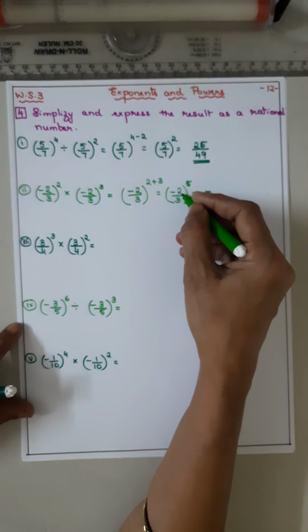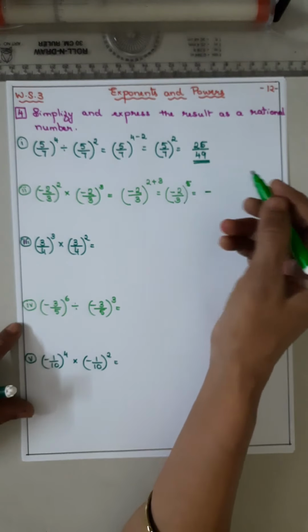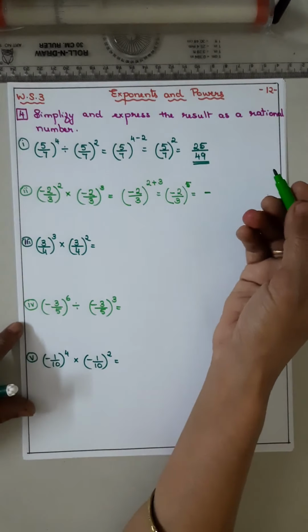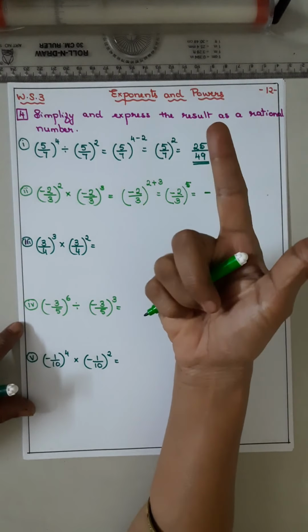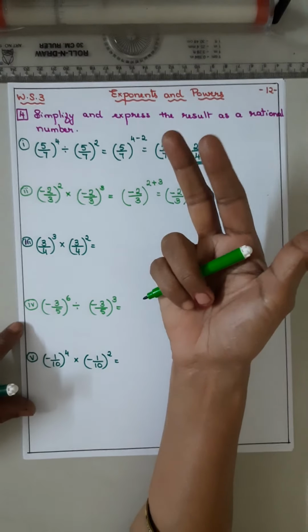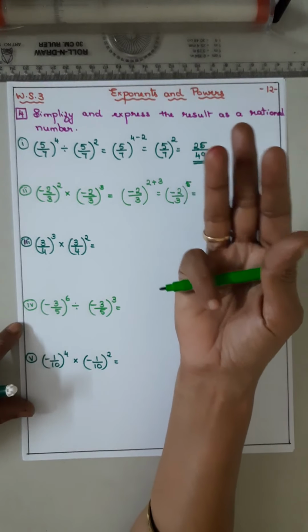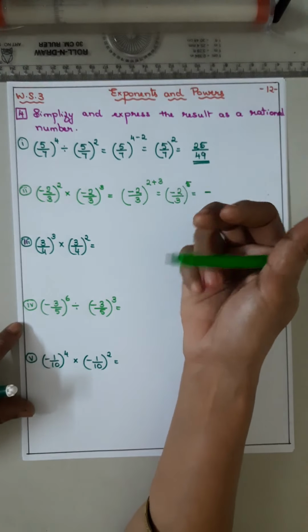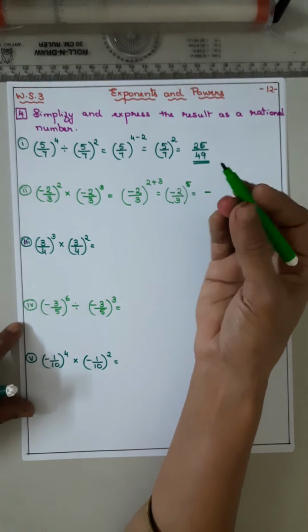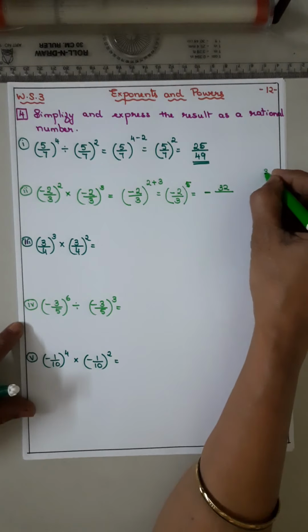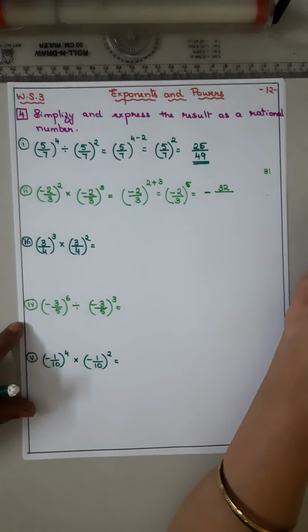Now 2 to the power 5: 2 2s are 4, 2 2s are 4, 4 2s are 8, 8 2s are 16, 16 2s are 32. Now 3 3s are 9, 3 3s are 9, 9 9s are 81, isn't it?